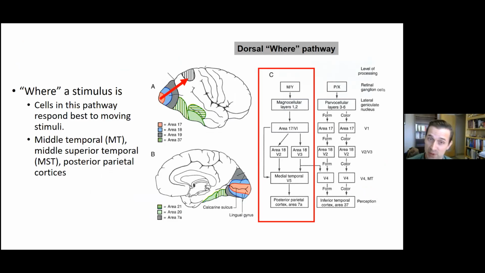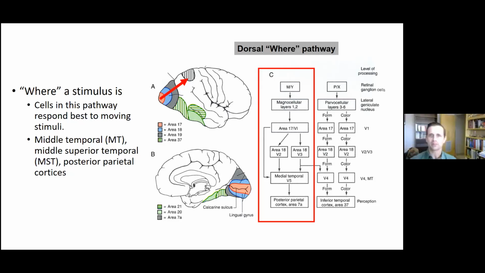So if they're responding best to moving stimuli, is that the magnocellular or parvocellular? Is it the magnocellular? Yep, exactly.